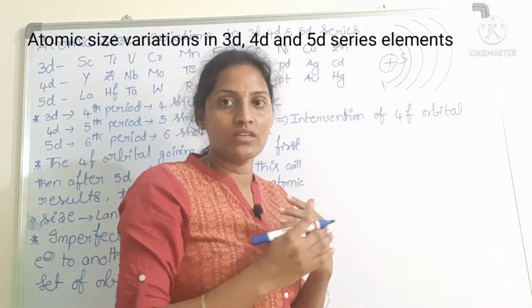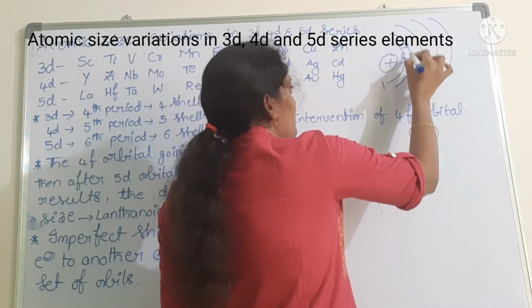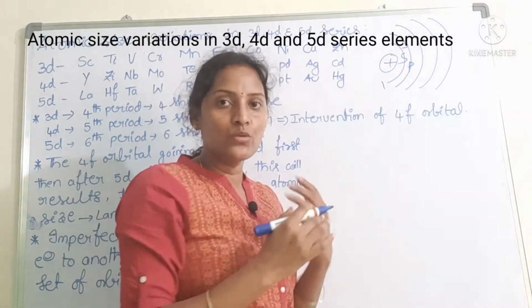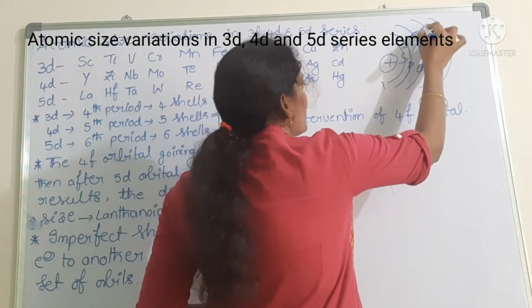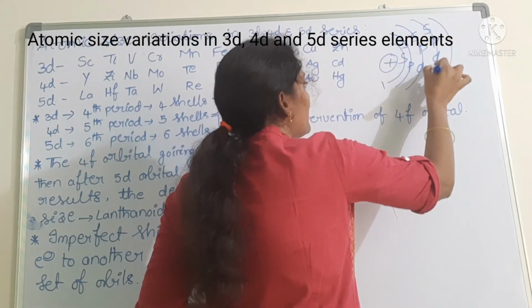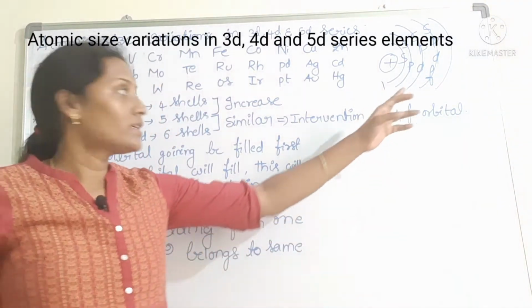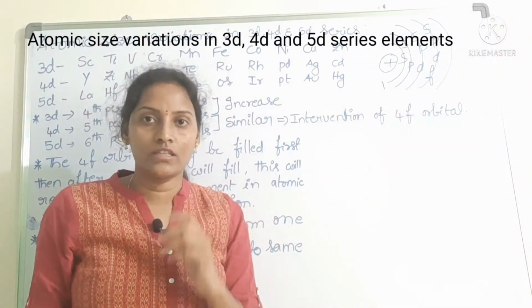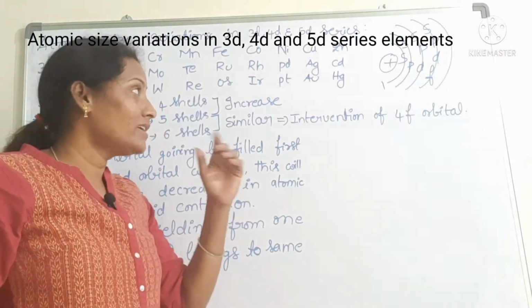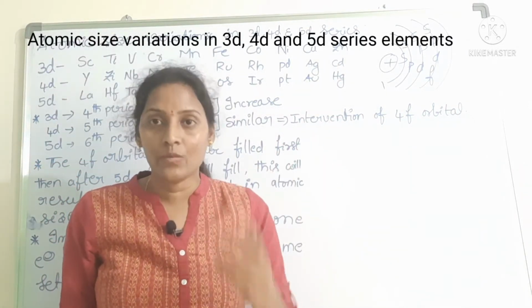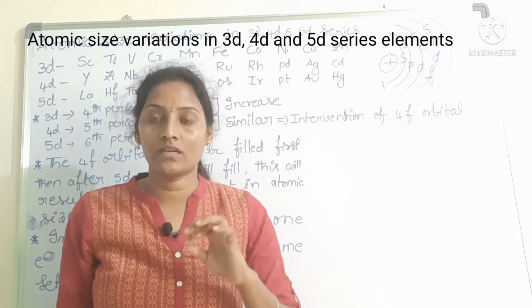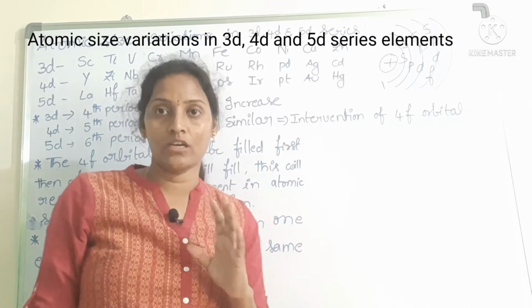The second main shell contains two subshells, S and P. The third contains S, P, D. The fourth contains S, P, D and F. These subshells are nothing but orbitals, and these orbitals will possess suborbitals. Those suborbitals are called degenerate orbitals.